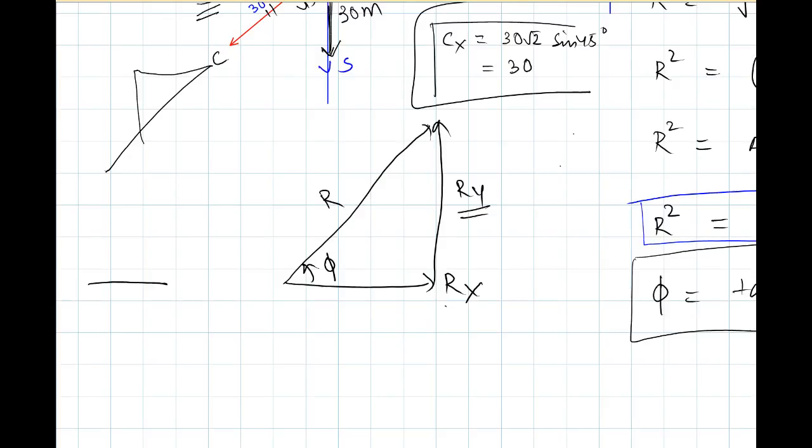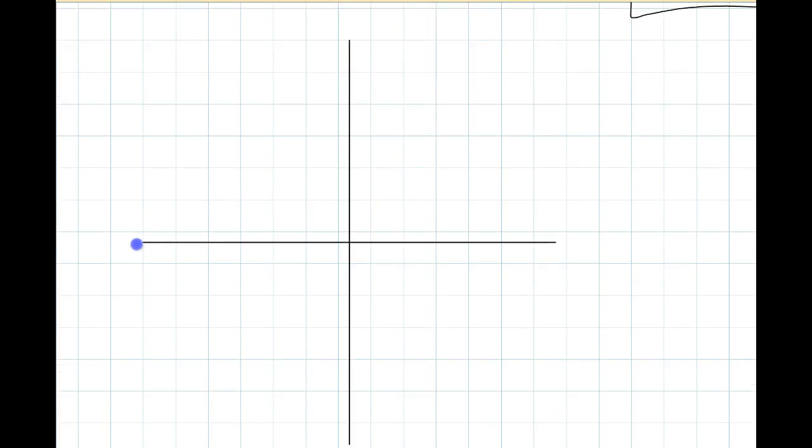I'll do that again for you. Let's plot the graph. How do I plot the graph? You make your x and y axis. Take north and south as the y axis and east and west as the x axis. And what do you have now? 30 meters towards north. You had 20 meters towards east.